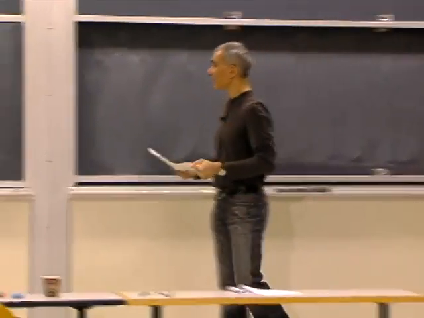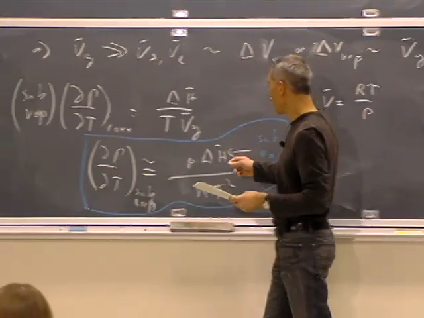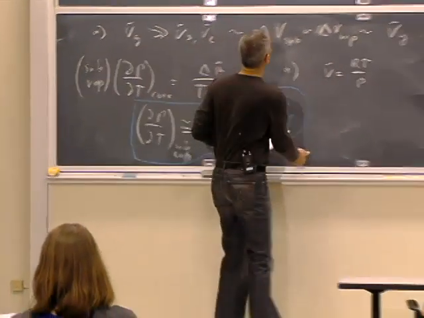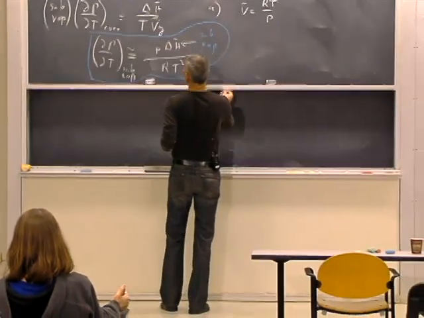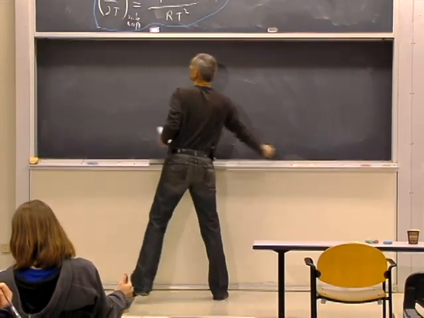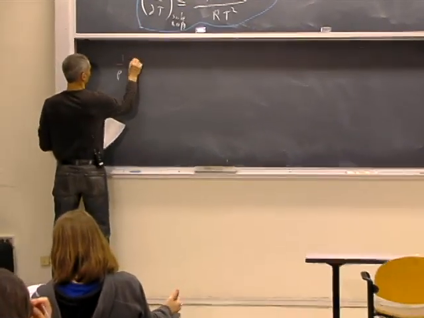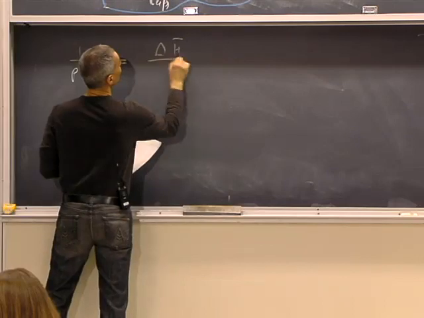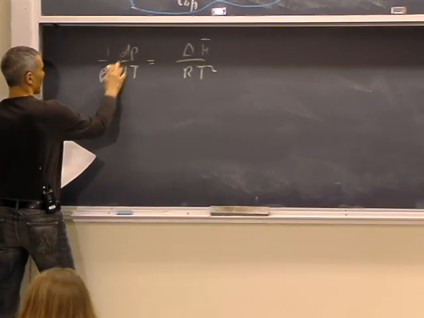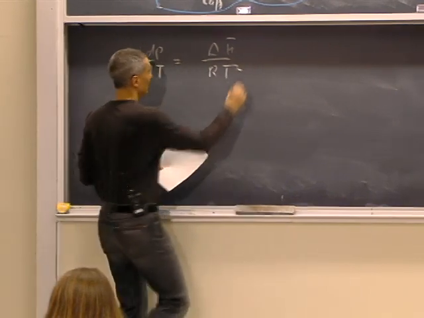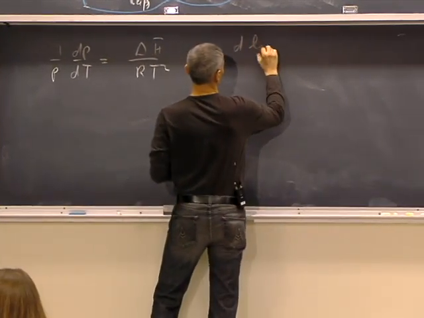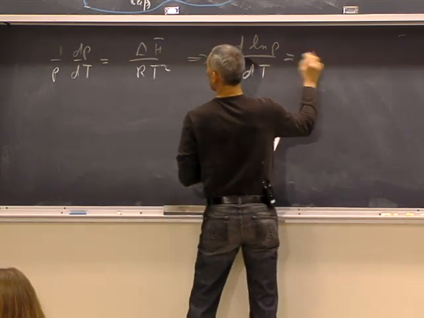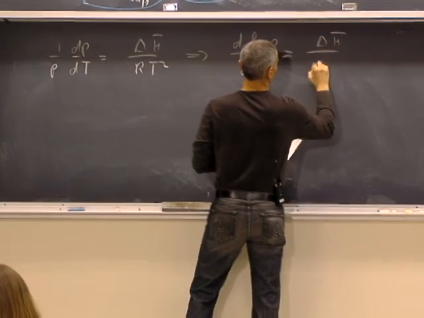OK, and once you have that, you can integrate both sides. You've got to put the temperatures on one side, put the pressures on the other side. Let me go ahead and cover this up here. So you have 1 over P dP dT is equal to delta H over RT squared. 1 over P dP dT, that's just like d log P. And that's another form that you're going to see often for the Clausius-Clapeyron equation: d log P dT is equal to delta H over RT squared.